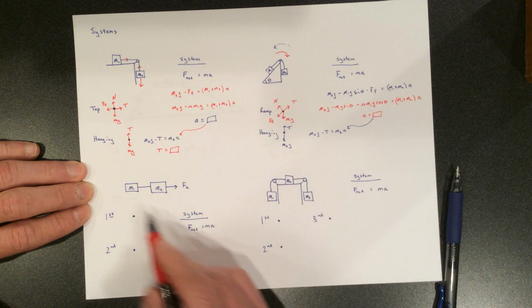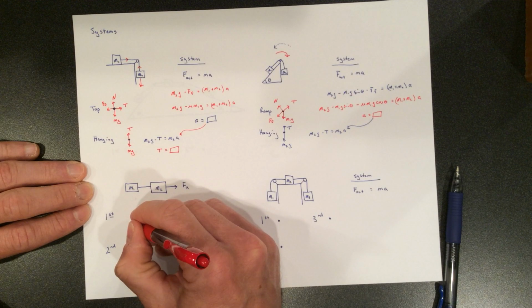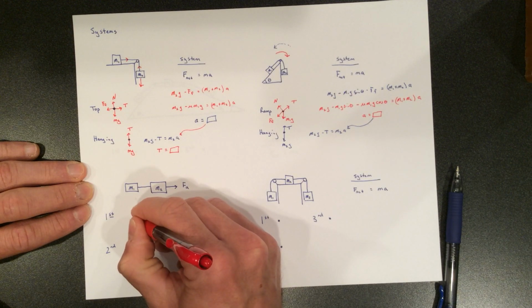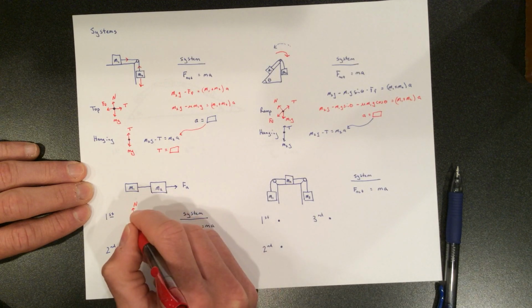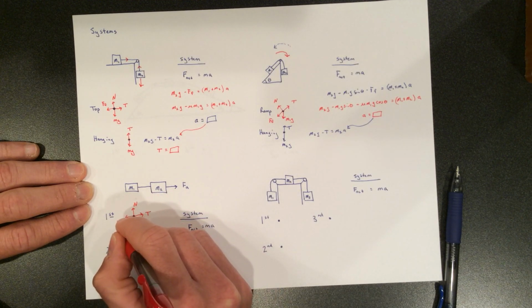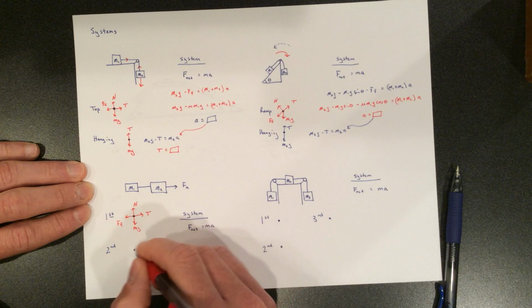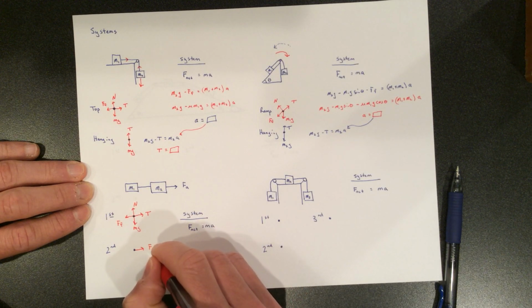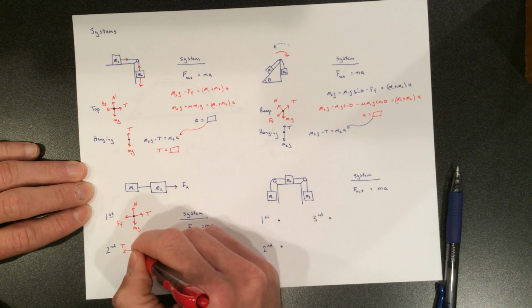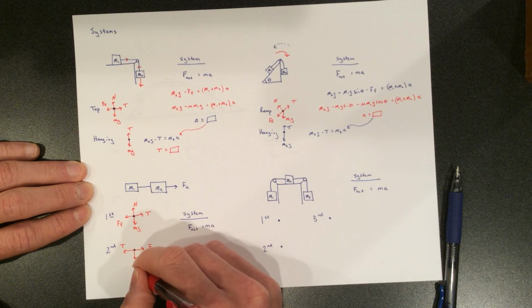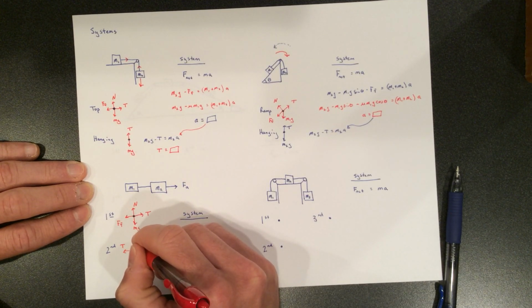Okay, if I look at the first box, I have gravity, normal force, some sort of tension, and friction is going to oppose it sliding to the right. Second box, I got the applied force, I got the tension in the rope actually pulling me backwards, and I have its own m2g with a different normal force, right?